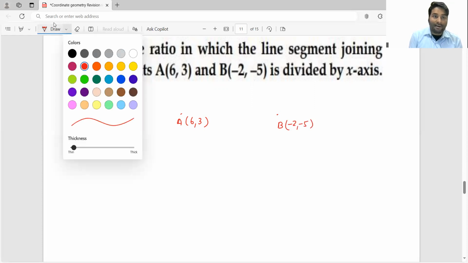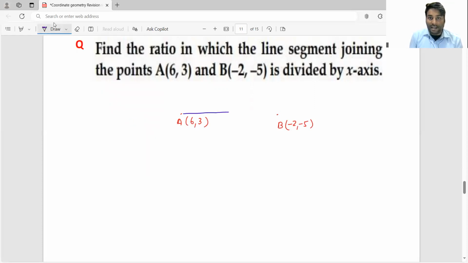Whenever you have to find the ratio, just assume that the ratio is lambda is to 1. This is point P. So point P is going to divide this line segment AB in lambda is to 1, so you can easily find this point P.